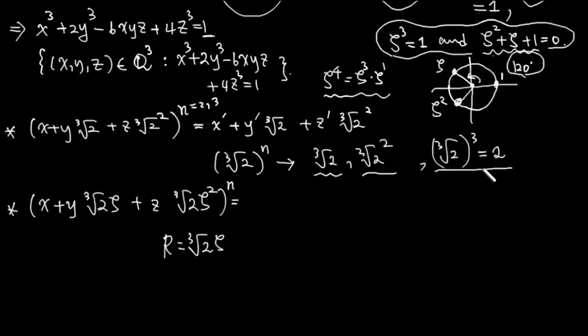But here I'd like to emphasize the property we used. Although we used the notation of the third root of 2, we didn't really use the fact that it is a real number. The only property we use is that if you raise that number to the third power, it becomes 2. So if you look at this non-rational part here, if you raise that number to the third power, it becomes 2, and zeta, if you raise it to the third power, becomes 1.